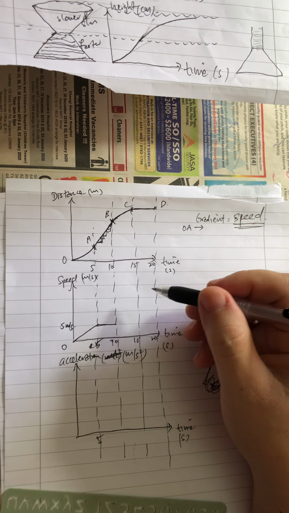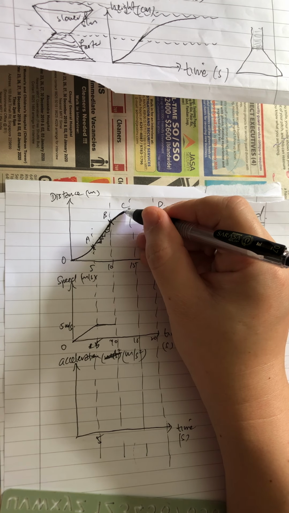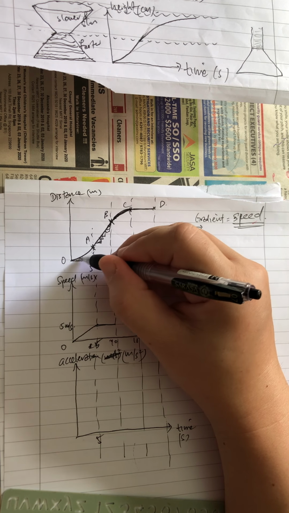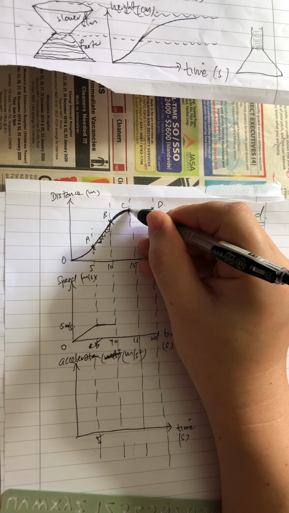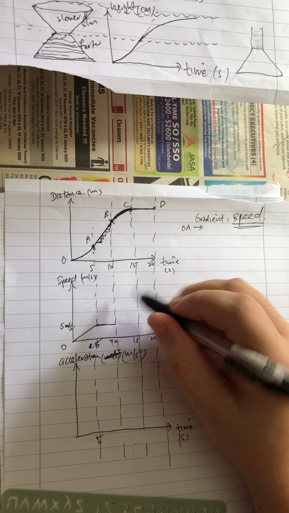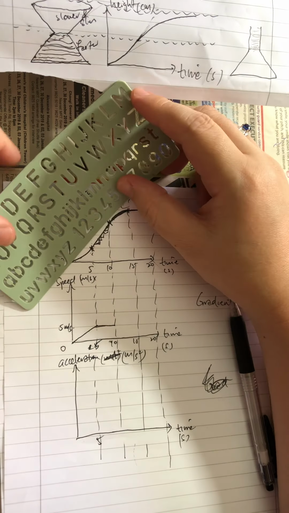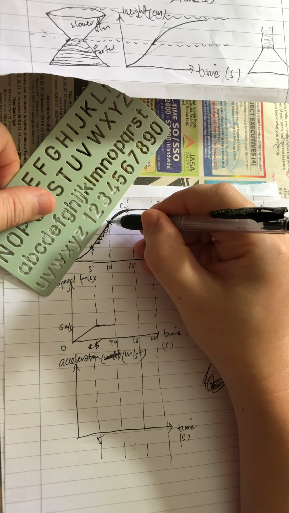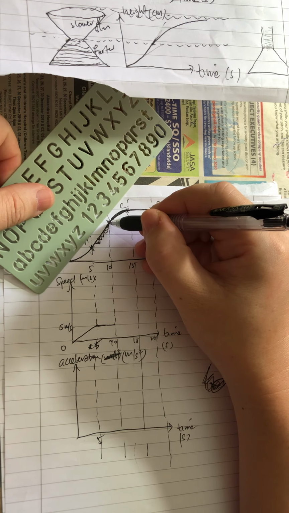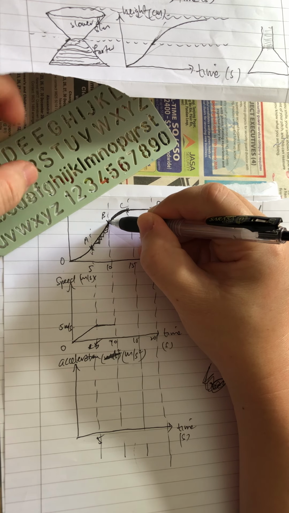How about this curve? Just now it was a curve getting faster and faster, so this must be getting slower and slower. Let's say at this very end here, if I were to ask you to find the gradient, it will be the speed, and the value will be 5.